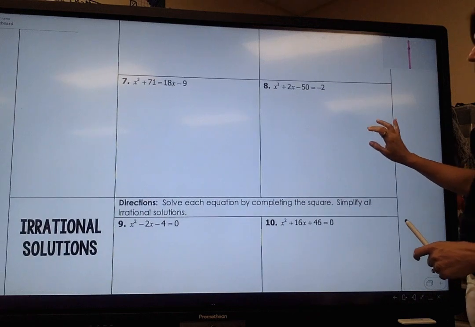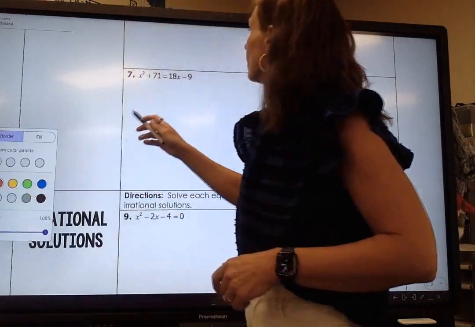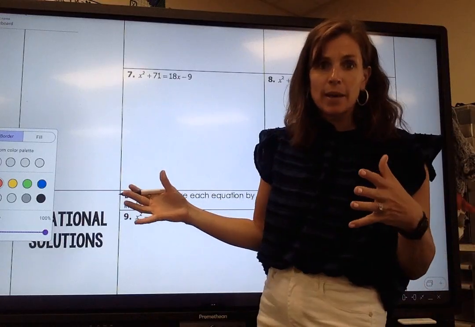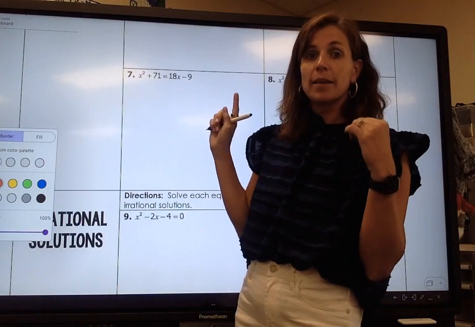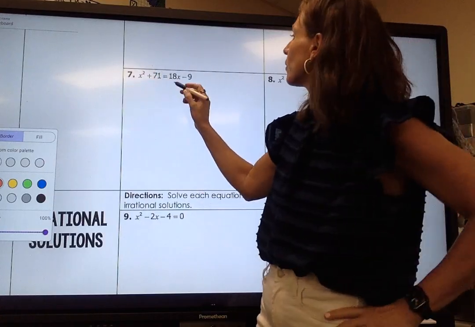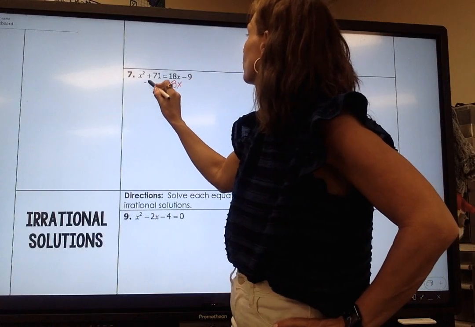All right, let's take a look at number 7 and 8. Let's do 7 and 8. All right. This is not a perfect square. It's not even set up right. So I'm going to keep my constant terms to the right and take my linear terms to the left. So I'm going to subtract 18x, and I'm going to subtract 71.